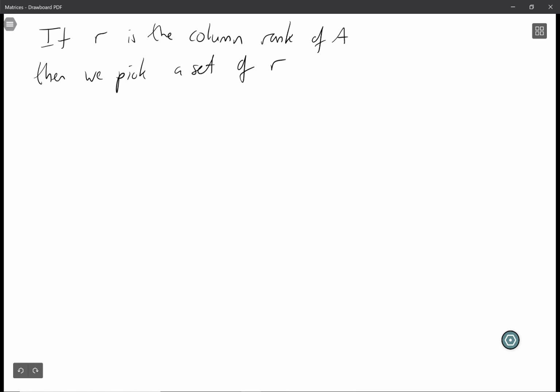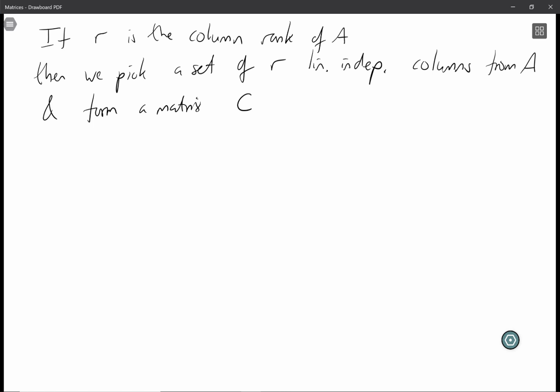Let's say R is the column rank of A, then we can pick a set of R linearly independent columns from A, and form a matrix C. So it's just some of the columns of A that are linearly independent.